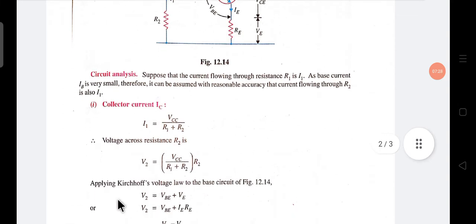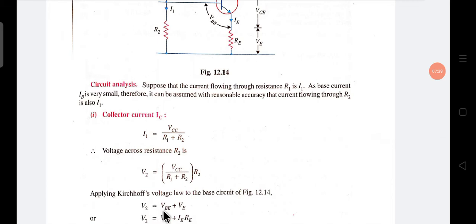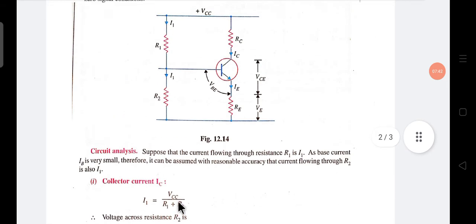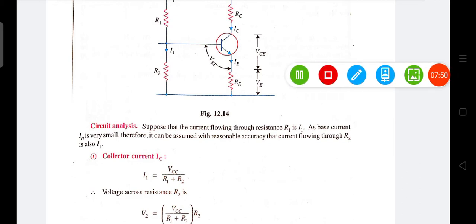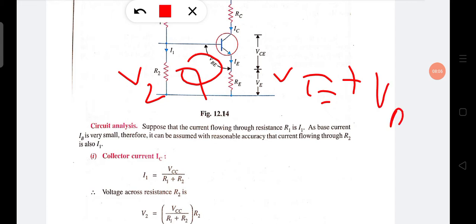Now applying Kirchhoff's voltage law in the base circuit, V2 equals VE plus VBE.